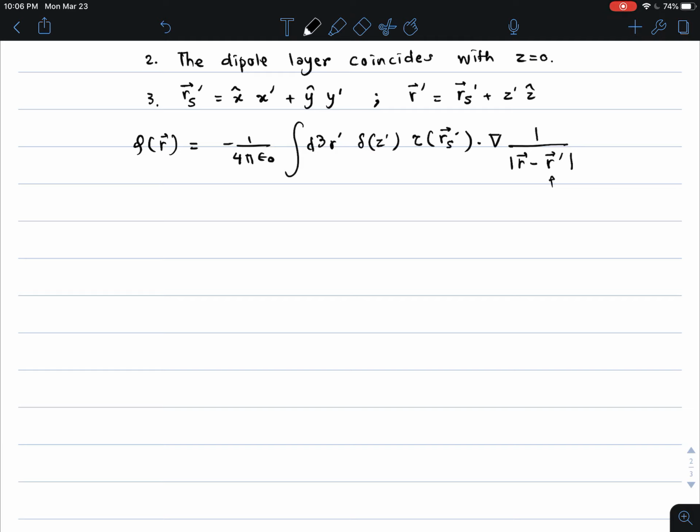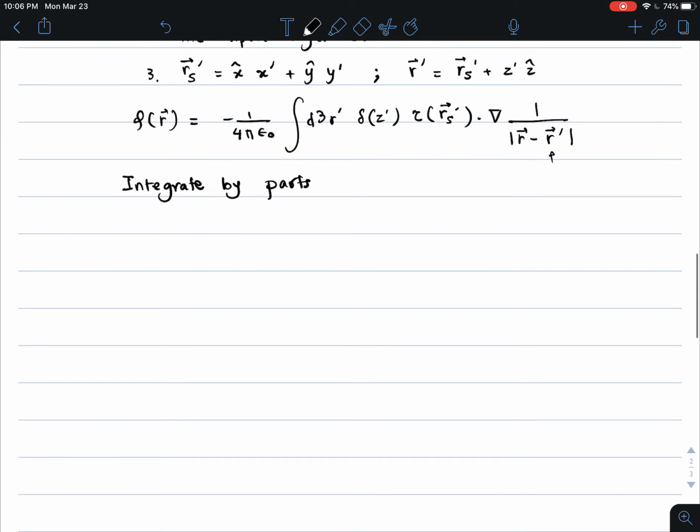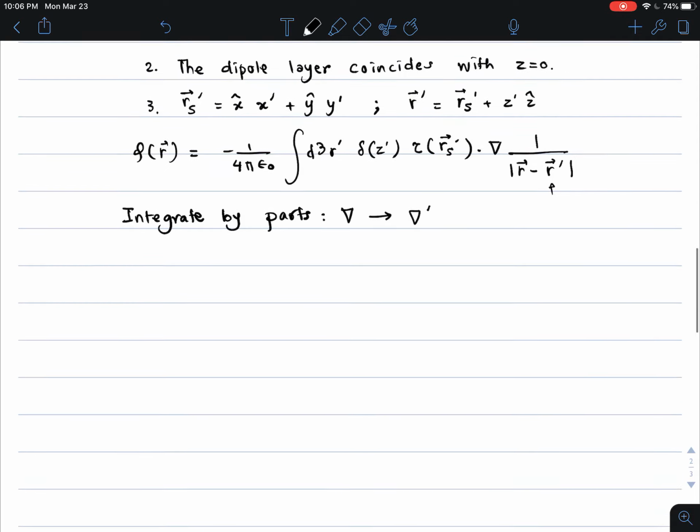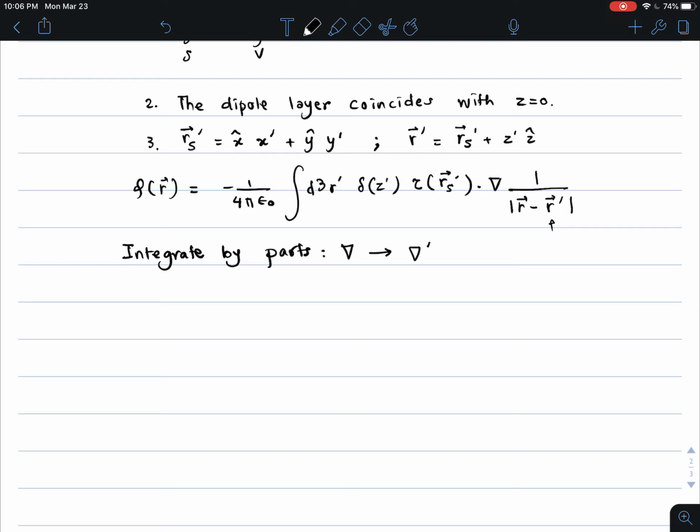And what we now do is integrate by parts this expression, and then move the gradient operator over the coordinates r to the gradient operator over the coordinates r prime. So with that change, and it's a trivial change, you can see that the derivative now, instead of applying to the 1 over r minus r prime term, is going to apply to the r prime coordinate.